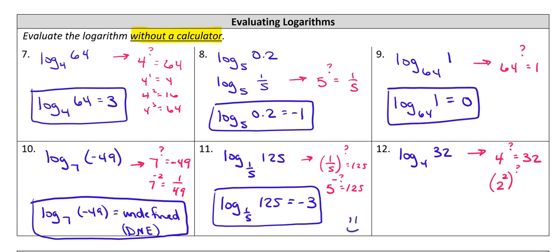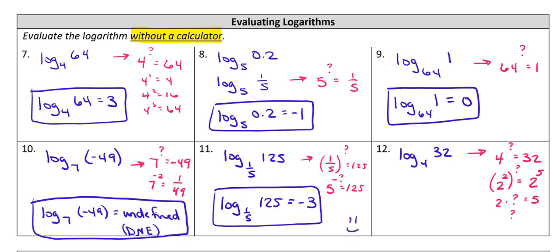We've done this before. 2 squared is the same thing as 4. It doesn't change the value. And 32 would be 2 to the 5th, because 2 times 2 is 4, times 2 is 8, times 2 again is 16, times 2 one more time is 32. Now this helps me because I can see I need 2 times whatever this question mark is to equal 5.